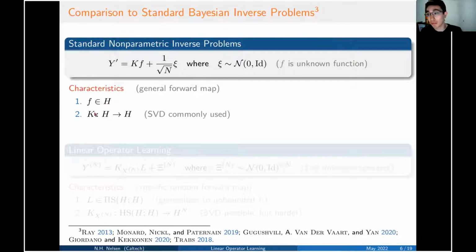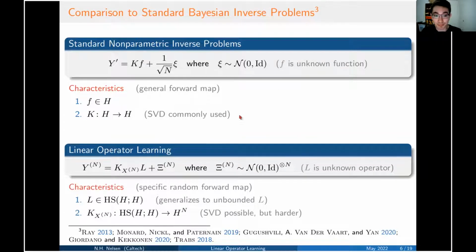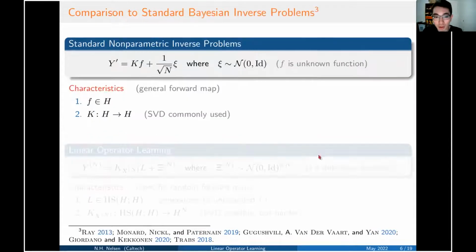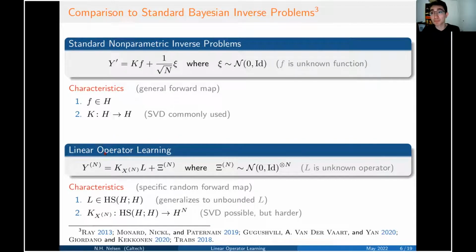F of course here is a vector or function-valued unknown. In the operator case, which is quite different, our unknown now is a linear operator between Hilbert spaces. So L is an unknown operator. Essentially what I've done here is rewrite the previous data set by stacking all of the unknown functions into a bigger vector of functions. That's what the yn is.